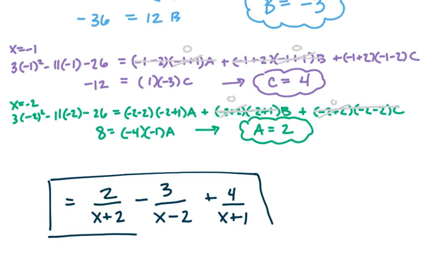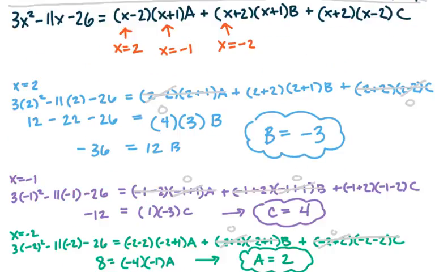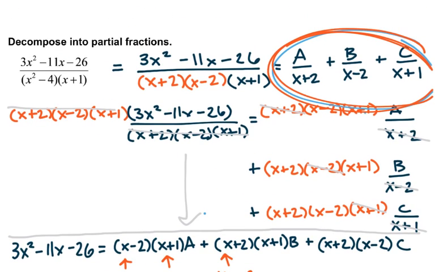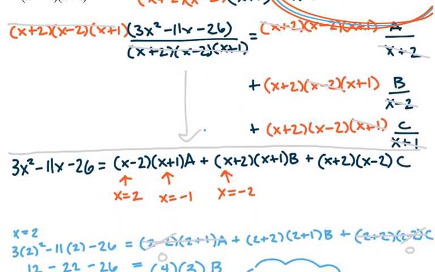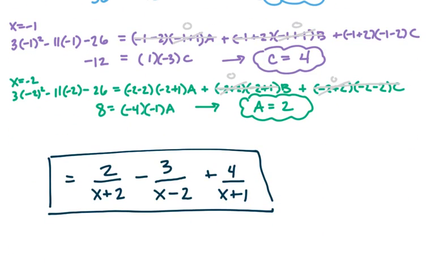So that is my partial fraction decomposition. And again, if you were to take these fractions and try to add them all together, getting common denominators, you would end up with that original fraction where we started. Okay? So our final answer again down here.